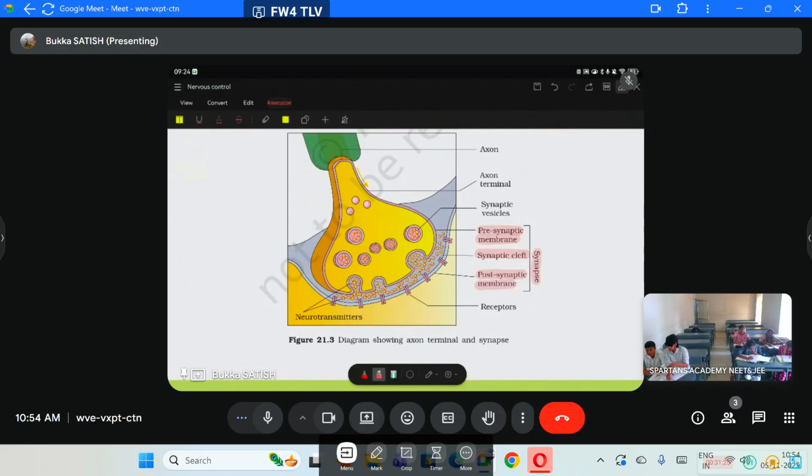In between, neurotransmitters are released and bind with the receptors. So the action potential present in this membrane is now going to jump into this. Inside this membrane, what you find is ligand gated channels. So draw from the textbook.